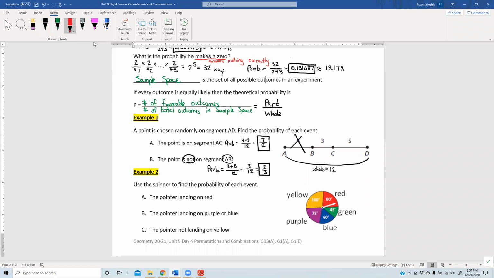For instance, 2/3 as a decimal is 0.67. As a percent, it's 67%. So you need to be able to go all three ways if they ask you to.